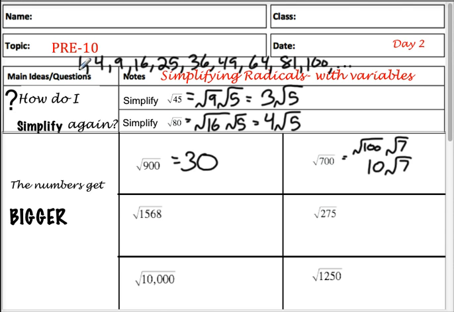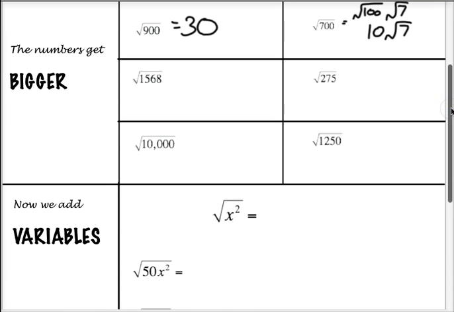But now we get down to that 1,568. So again, let's just type it in the calculator to see, is it a perfect square? Well, it's not. So now we have to start thinking, what can pull out of that? Well, notice it's an even number. So I'm going to take the 1,568 and I'm going to divide it by 4. So I break it down into 4 and 392.